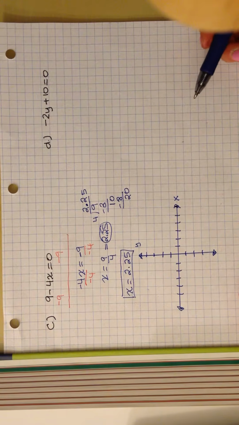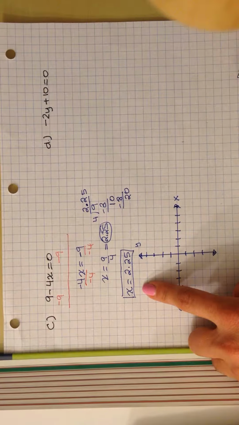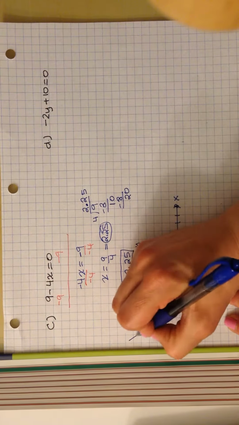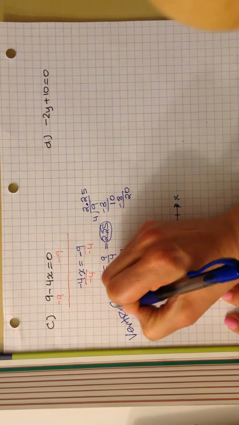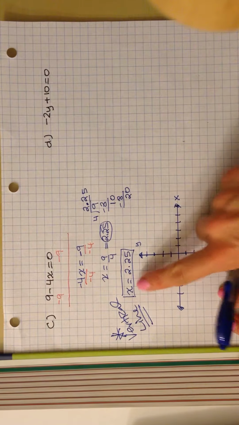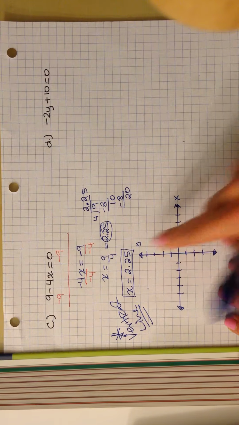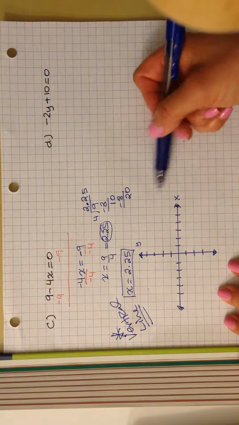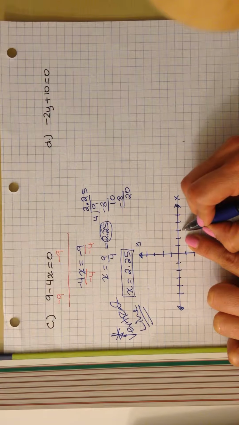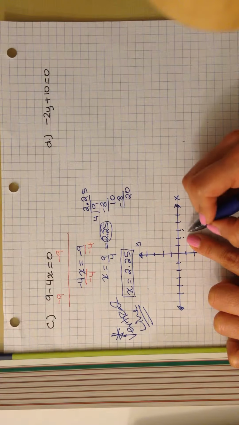Okay, so if you have x only, it represents a vertical line. So this is something you might need to memorize. If you have x equal to a number, it'll be a vertical line. So we go over to the x-axis. This is 2. This is 3. So 2.25 is between 2 and 3, but closer to 2.